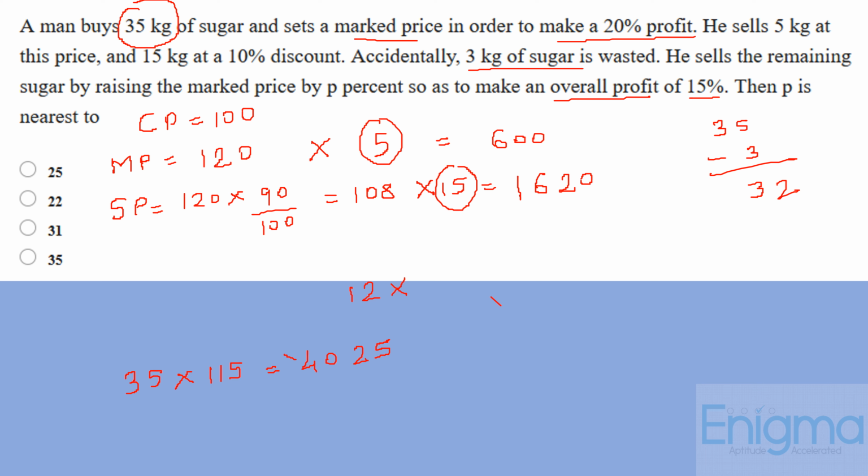Out of 4025, he has already earned 600 and 1620. That means we can say 2220. So the amount remaining to be earned is 1805.